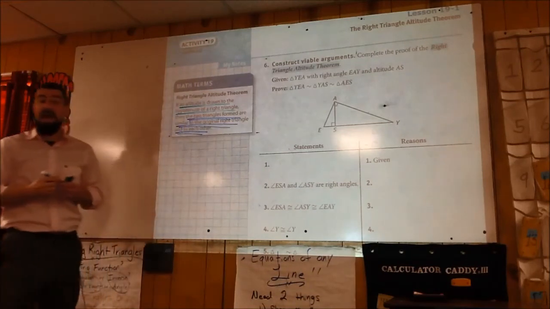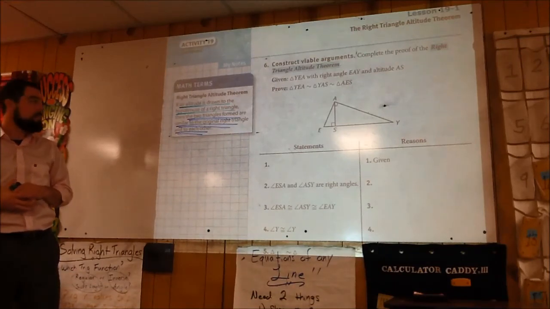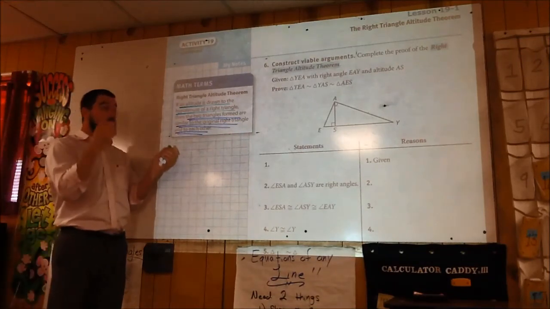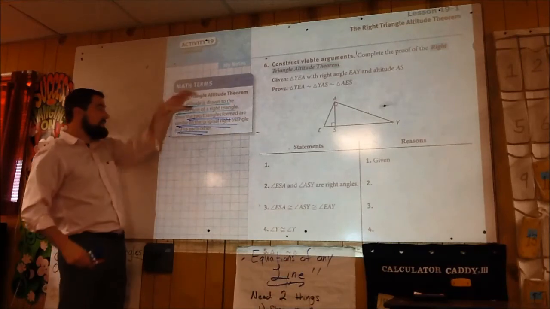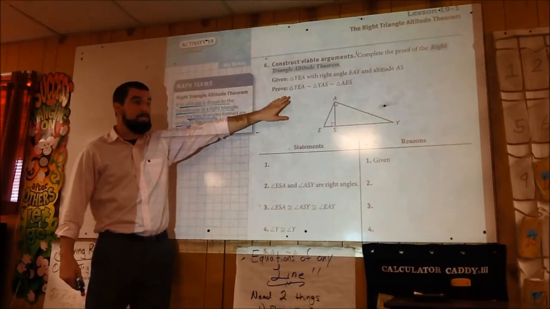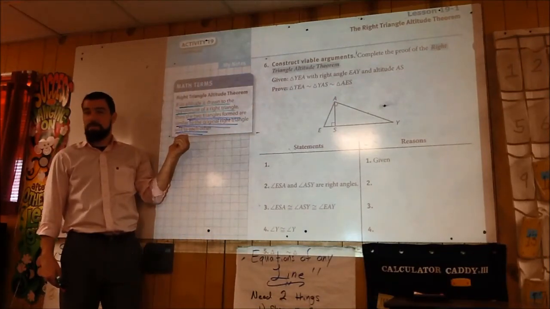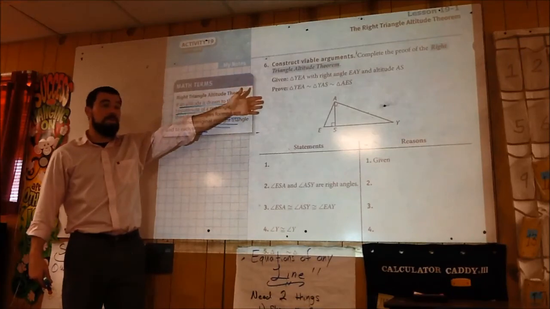Easy way to say all that is the three right triangles are similar. But that's how you prove a theorem. Your given statement is the hypothesis, and what you're trying to prove is the conclusion of that theorem.